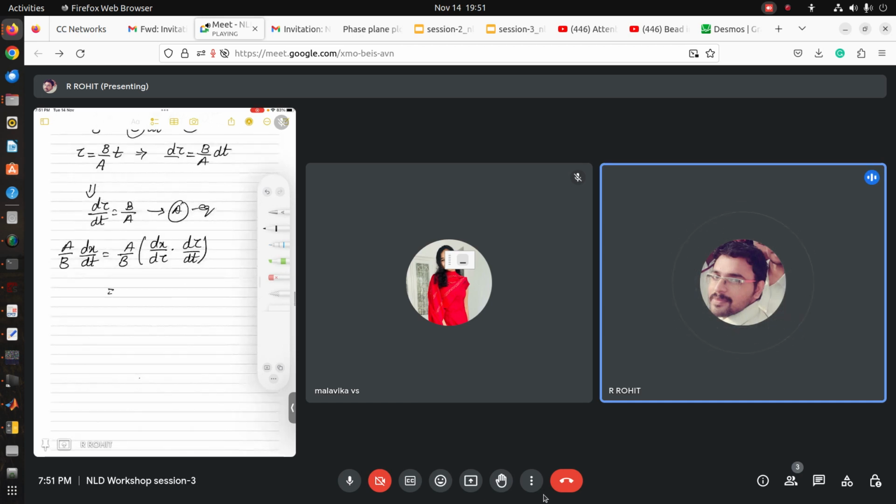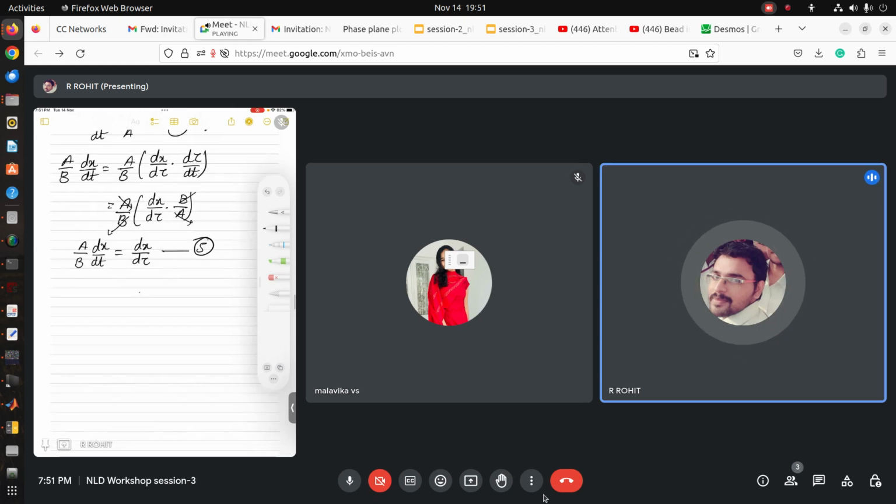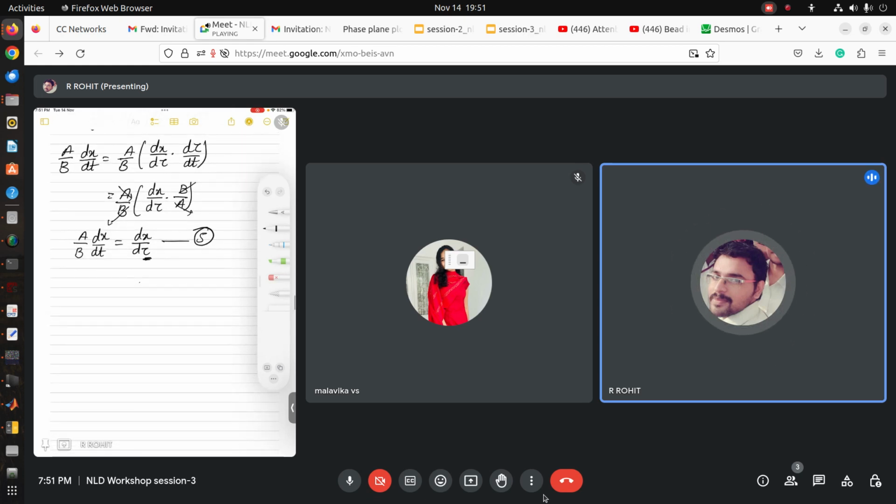So this is nothing but a by b times dx by d tau, the new non-dimensionalized term, and d tau by dt is nothing but b by a. Now if you observe, this b and this b you can cancel, this a and this a you can cancel. So in net result, a by b dx by dt has come down to dx by d tau. Say this is your fifth equation. So now you have non-dimensionalized it and made it a function of tau.